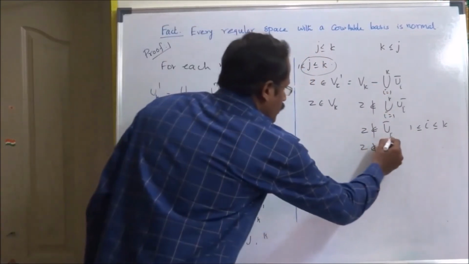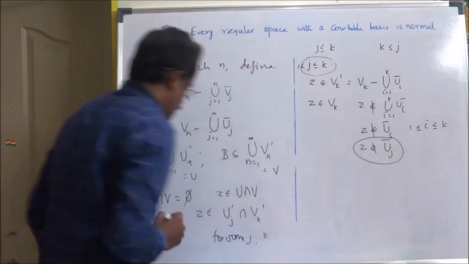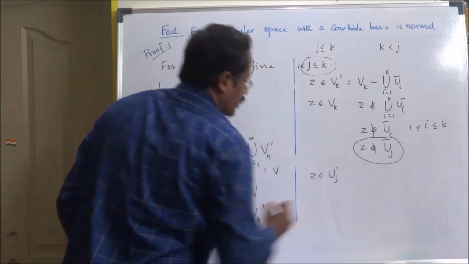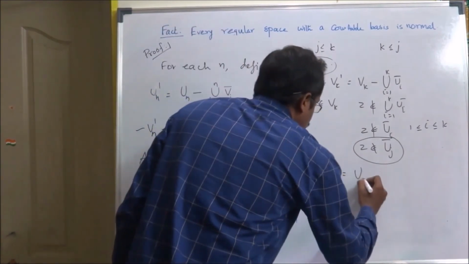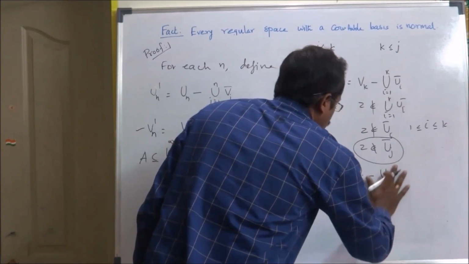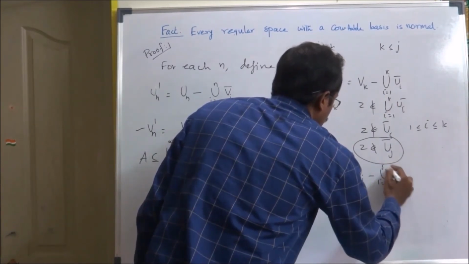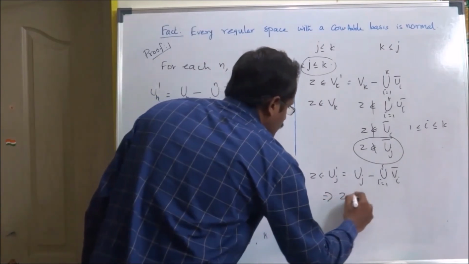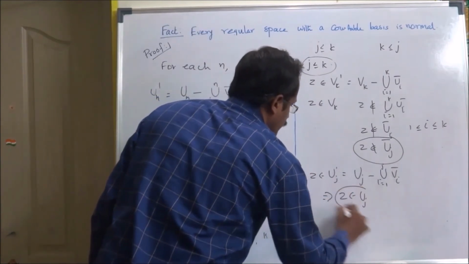Now, Z is in Uj dash. That means Z is in Uj but not in union i equal to 1 to j Vi closure. Anyway, Z is in Uj.